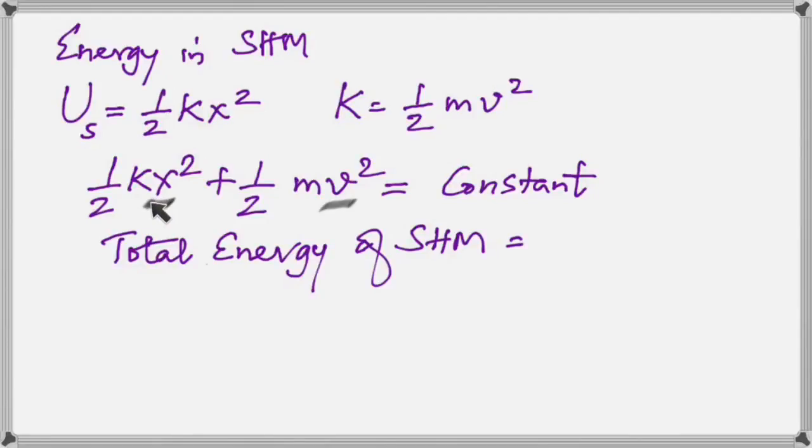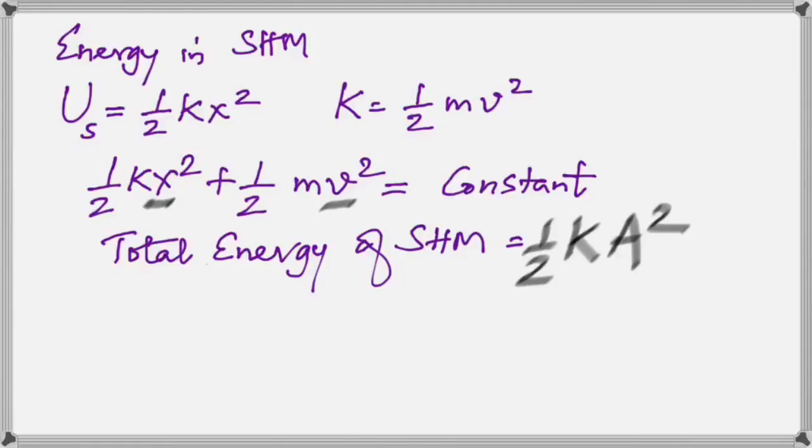And this x became a. Therefore, the total energy in simple harmonic motion is 1/2 k a squared. Wrong pen, but it's okay. It works. Are all those constants? Yes.